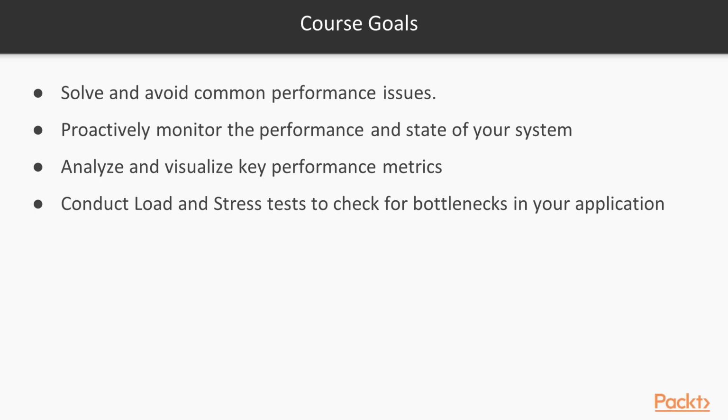To proactively monitor the performance and state of your system, both during development but also in a production environment. To analyze, visualize, and further process the most important performance metrics of your applications, also with different sources, and to conduct load tests and stress tests to find possible bottlenecks in your application.